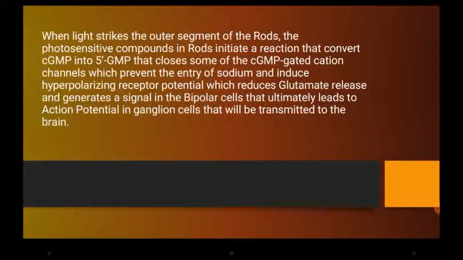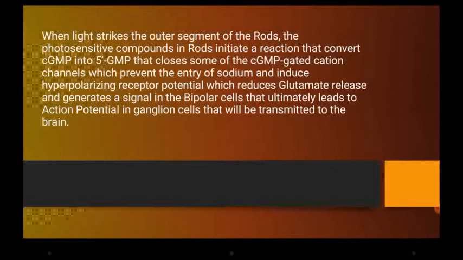That leads to the closure of the cyclic GMP gated cation channels, which prevents the entry of sodium, and this leads to a hyperpolarizing receptor potential, which reduces the release of the neurotransmitter known as what? Glutamate. So the glutamate release is reduced.